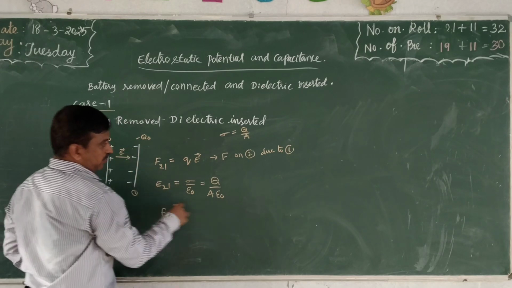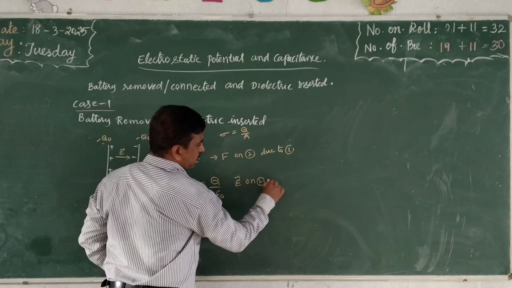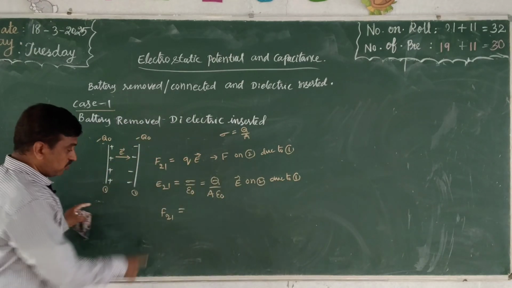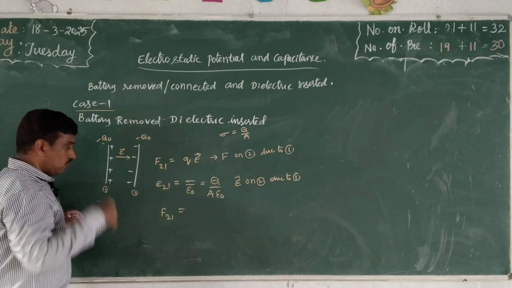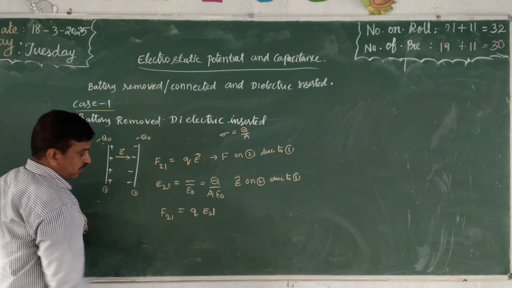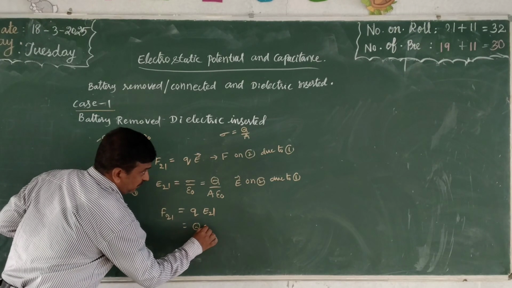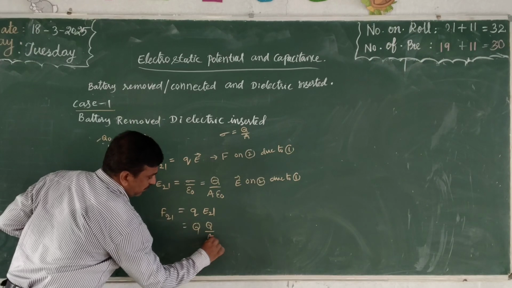E21 means electric field on the second plate due to the first one. Force is Q into E21. What is Q here? Charge is Q. So the electric field is Q by A epsilon naught.